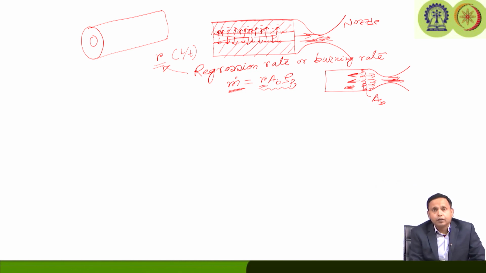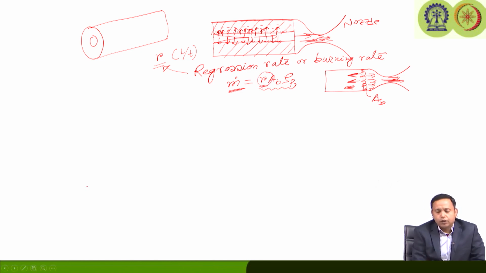Type of propellant: not all types of propellant will have the same burning rate. There are propellants which can burn faster or a little better compared to other propellants. So, depending on the ingredients, of course, this burning rate is going to change.